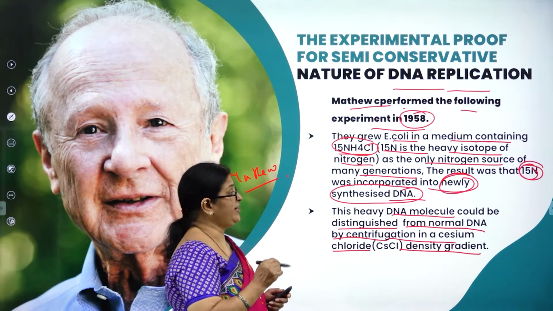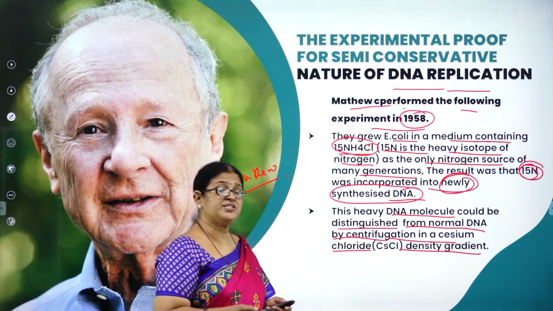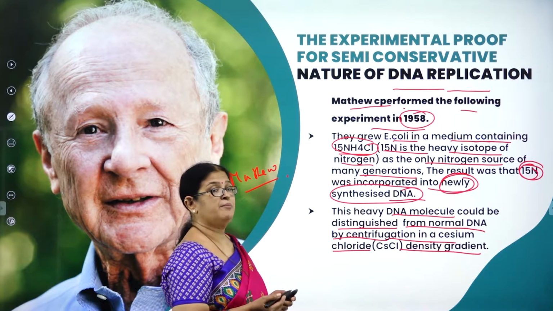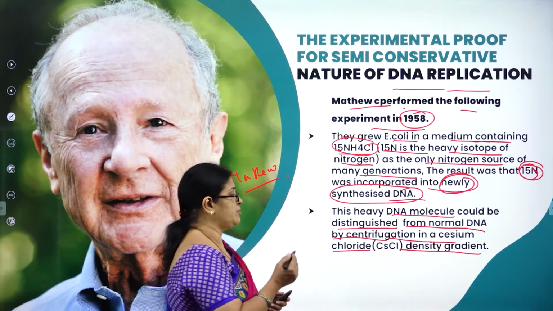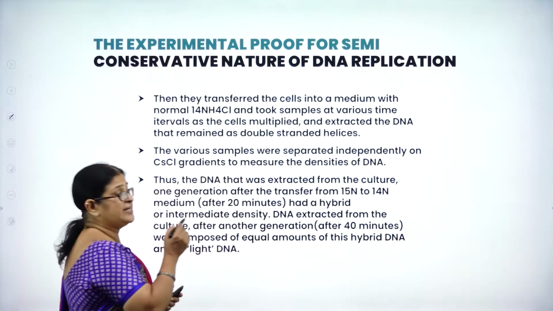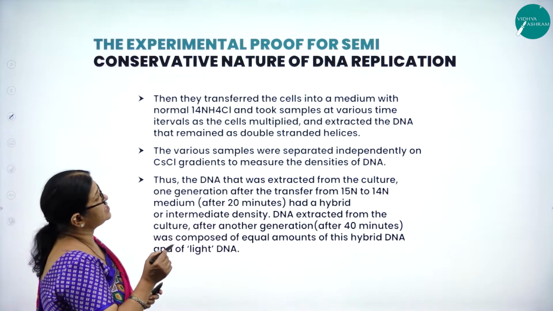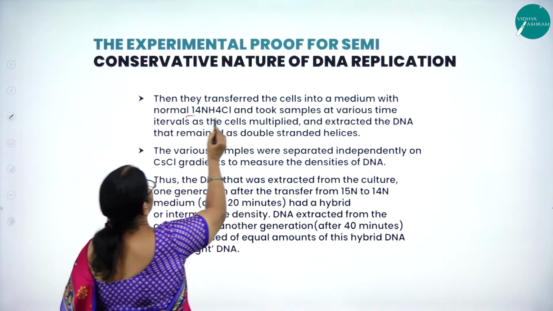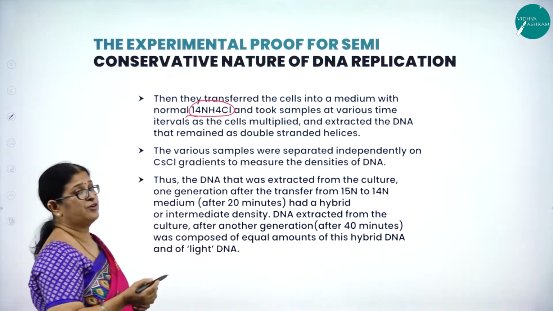This heavy DNA could be distinguished from normal DNA by centrifugation in a cesium chloride density gradient. Then they transferred the cells into a medium with normal 14NH4Cl.